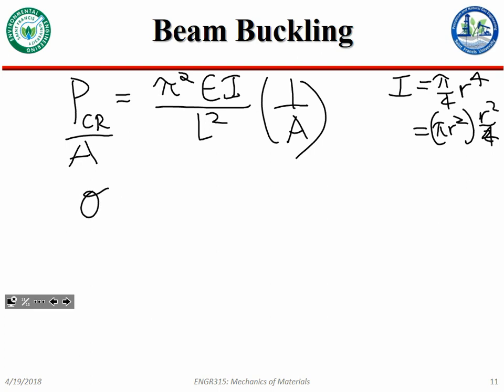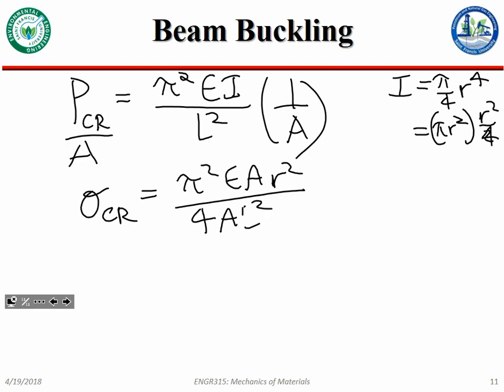So I can rewrite this as a critical stress equals pi squared E A r squared over 4 A L squared. Bam, bam. Okay, so I'm moving this into a critical stress, so a critical force.